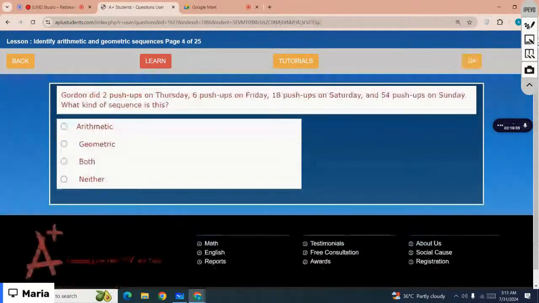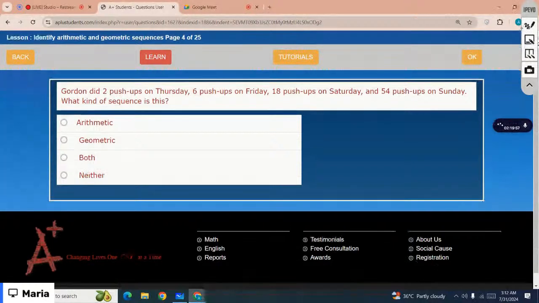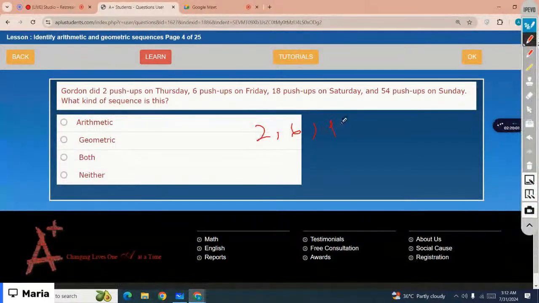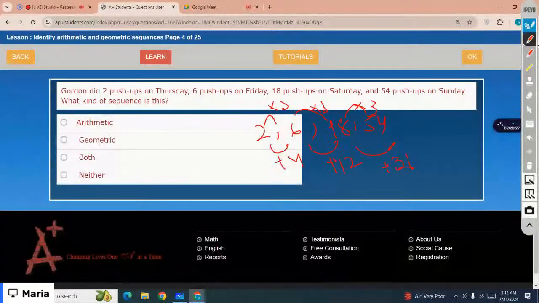Okay, what kind of sequence is this? The sequence is 2, 6, 18. 2 plus 4 is 6, 6 plus 12 is 18, so the difference is not the same. Let's check for geometric. 2 times 3 is 6, 6 times 3 is 18, and 18 times 3 is 54.